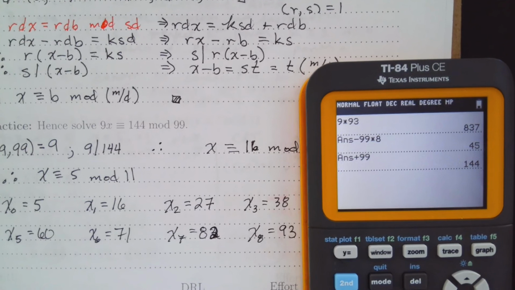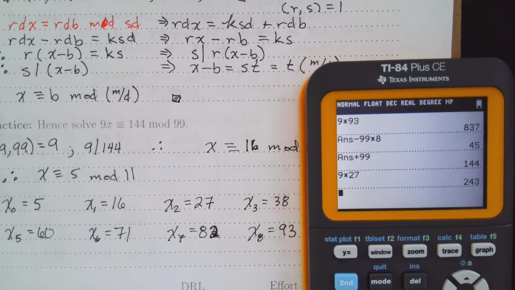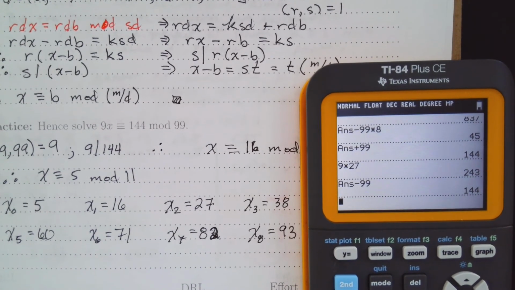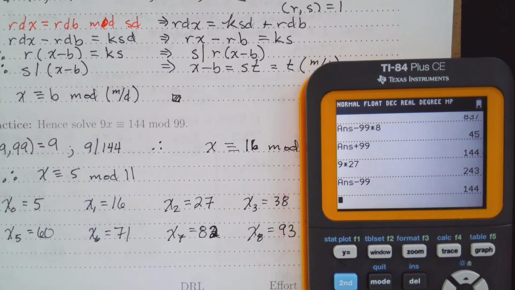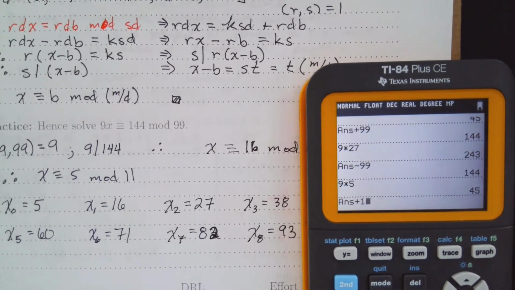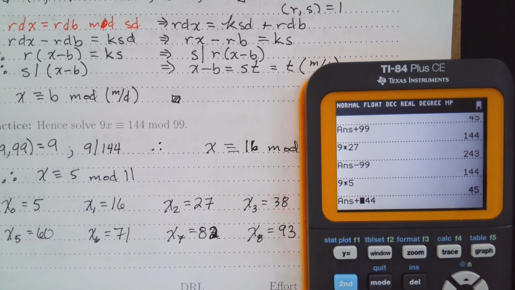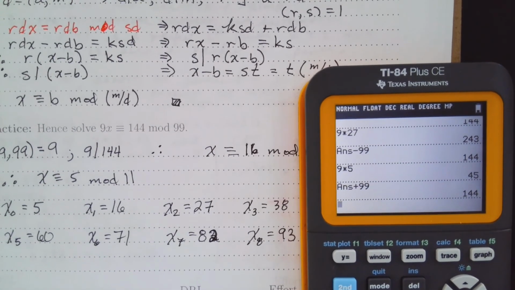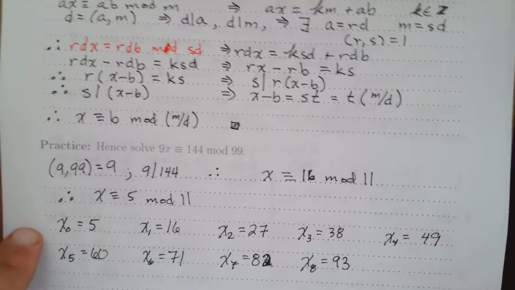So it works there. If I take 9 times 27, that's 243. Subtract 99 once, and look, I have 144. If I say 9 times 5, that's only 45, but if I add 99 to that, that gets me 144 as well. So clearly these are our solutions.